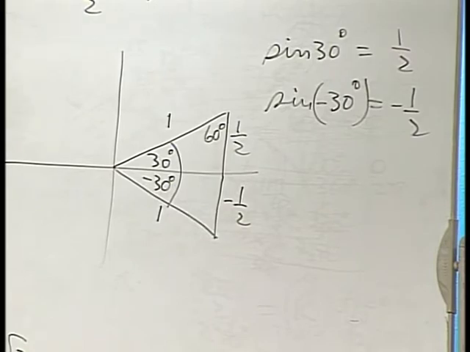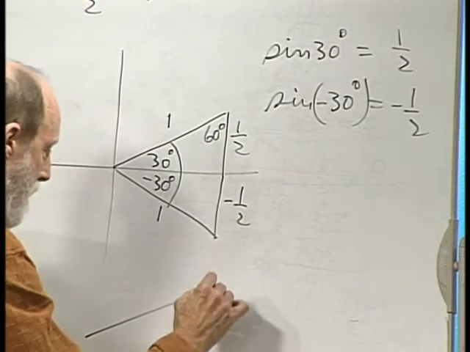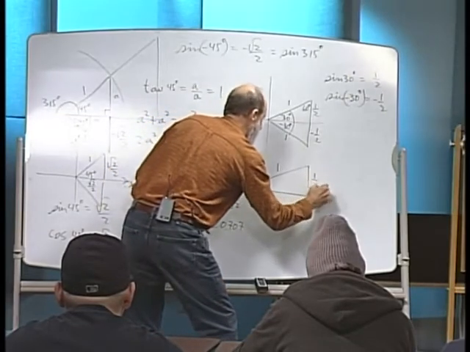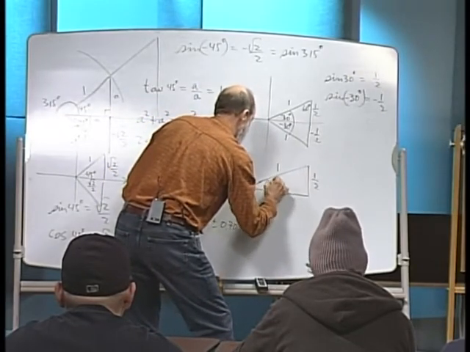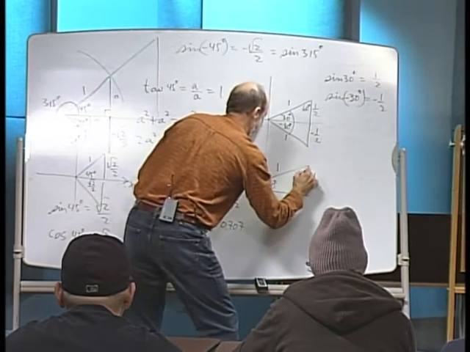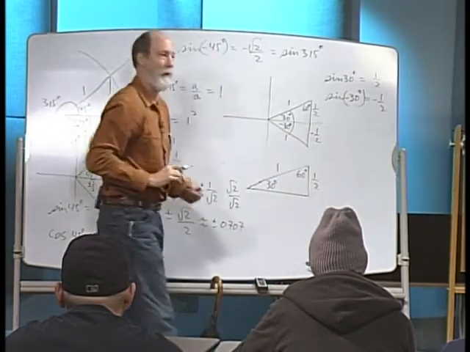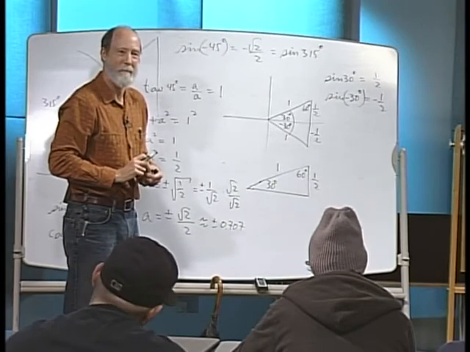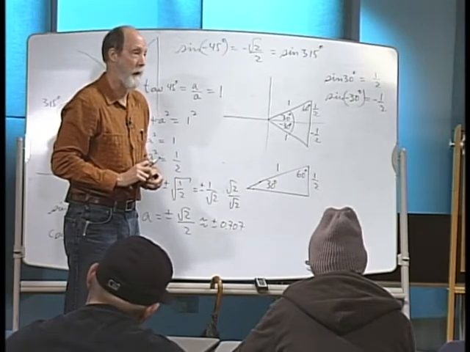What's missing on that triangle? The length of the adjacent side. Right? Length of the adjacent side, we haven't done that yet.